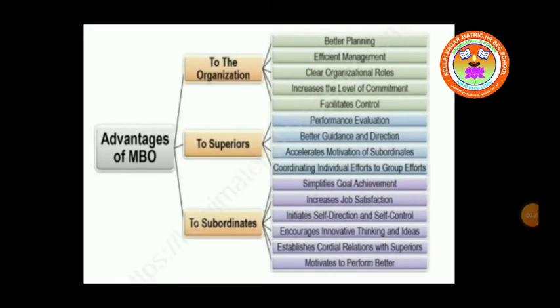Advantages of MBO. It is categorized into three. First one, to the organization. Next is to superiors. Last one, to subordinates. To the organization: better planning, efficient management, clear organizational roles, increased level of commitment.